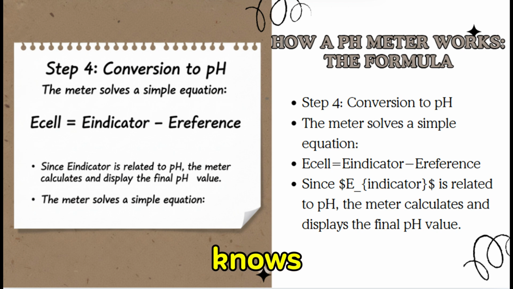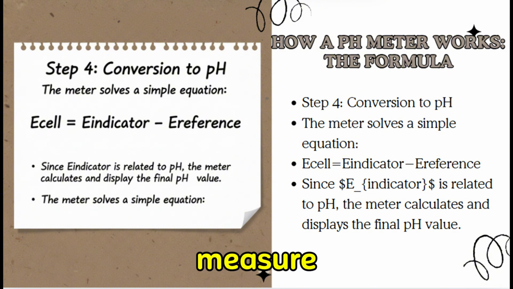The meter knows that the indicator's potential is directly related to pH by the formula E equals K minus 0.0591 times pH. Since it knows E reference is constant and it has just measured E cell, it can solve the equation for the only unknown, pH. It does this calculation instantly and shows you the final clean pH value on the screen.